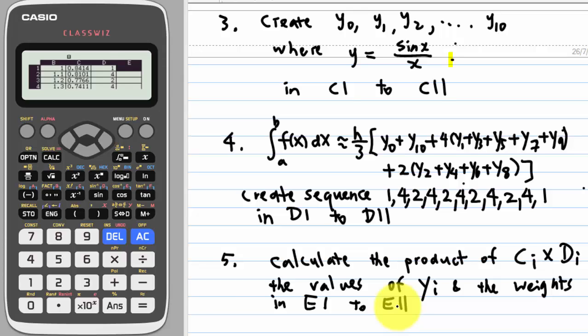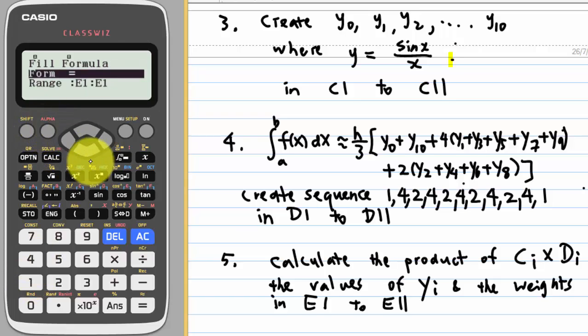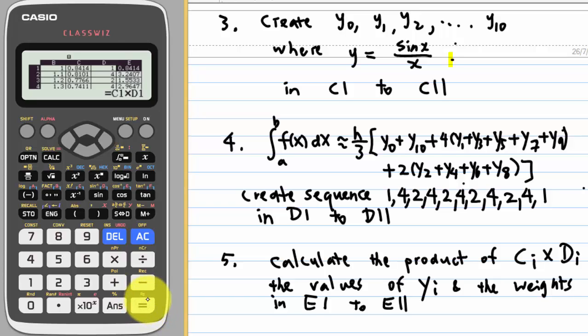So I go to cell E1 now, then click option 1 for fill formula, and enter the formula alpha C1 times alpha D1, equal, and this is repeated from E1 to E11. Press equal. So I have the product of yi and its weight in cells E1 to E11.